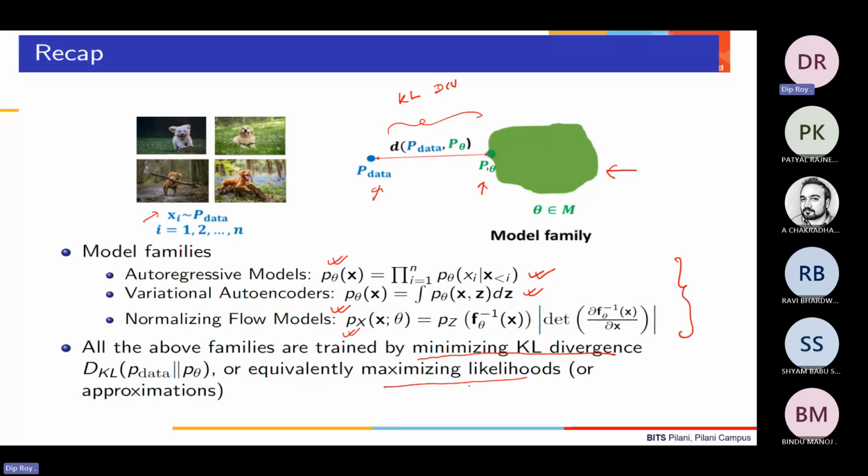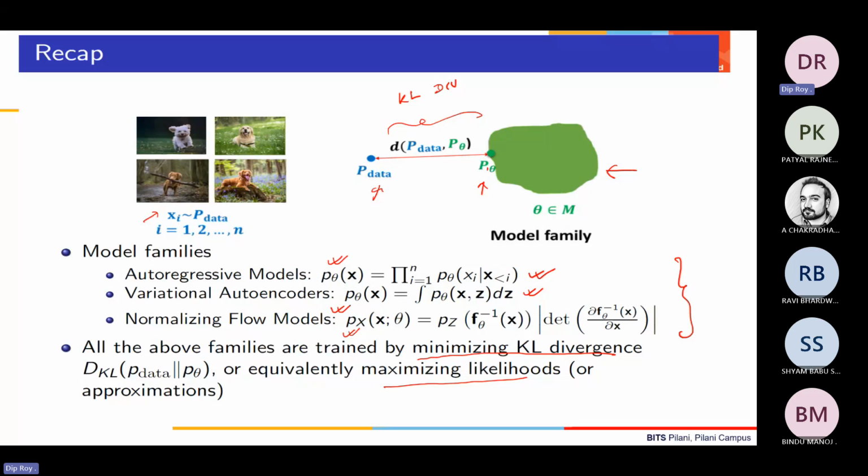In all of these models, we either had direct access to the likelihood, for example autoregressive models and normalizing flow models, or we took a workaround where, even though we don't have direct access to the likelihood, we have access to some other quantity like the ELBO, which is the lower bound on the likelihood.